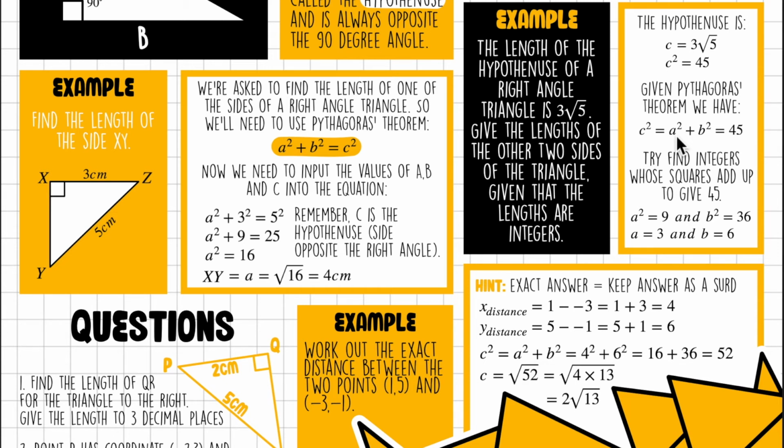And then you look at all those squares and you see, okay, which two when added up give 45? And that's what I've done here. I can't write it all out because I don't have that much room on these worksheets. But what I've found is, if we take A squared as 9, and B squared is 36, then 9 plus 36 gives 45. Therefore, A must be 3 and B must be 6.